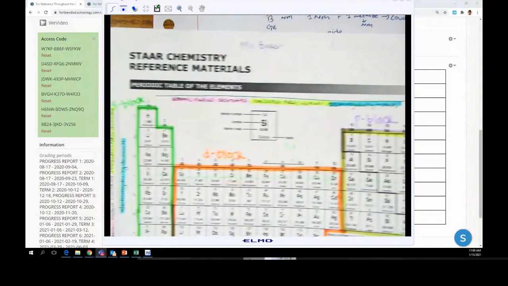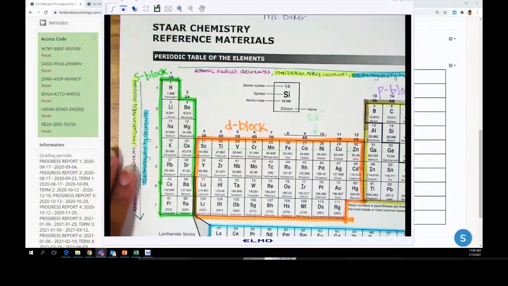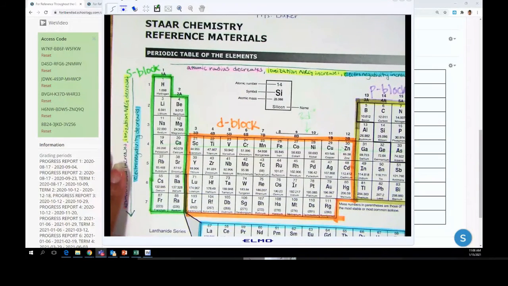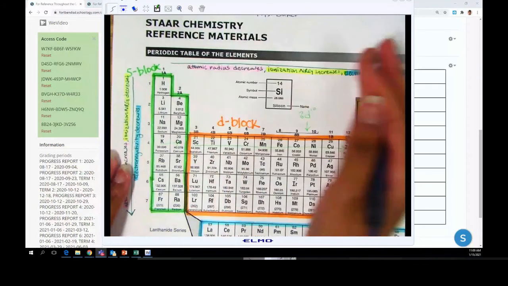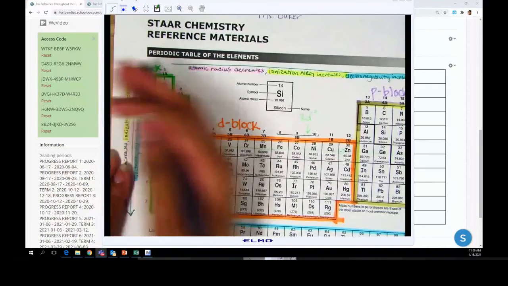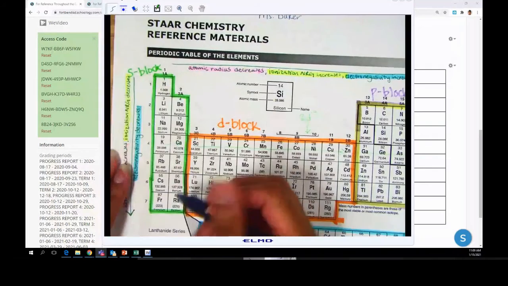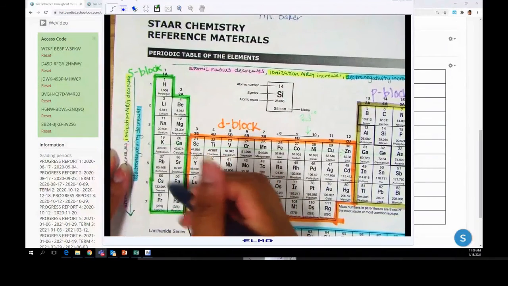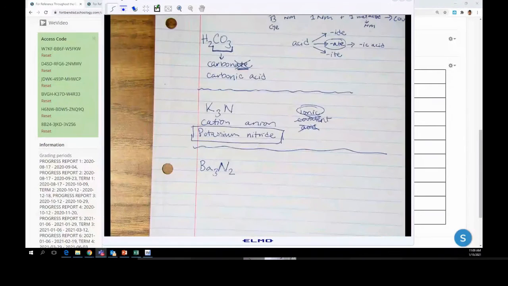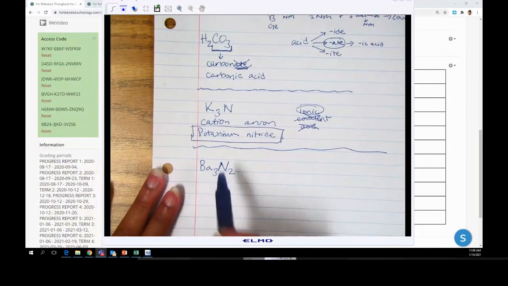On my periodic table, I have all of my groups blocked off, and I have barium down here, element number 56. And we can see it's over here on this side of our periodic table, right, with all of our metals. Barium is actually in group 2, our alkaline earth metals. So barium is a metal, but nitrogen is a non-metal.